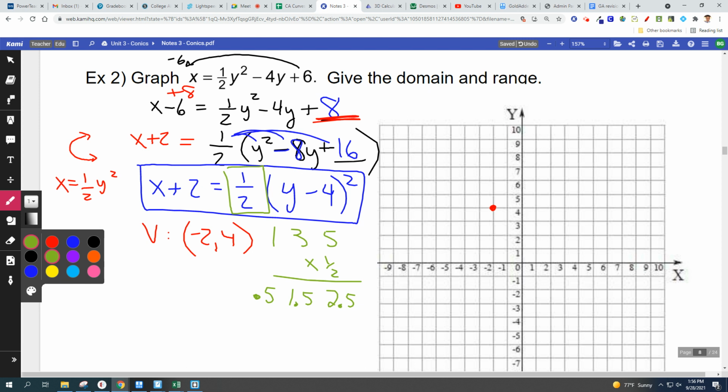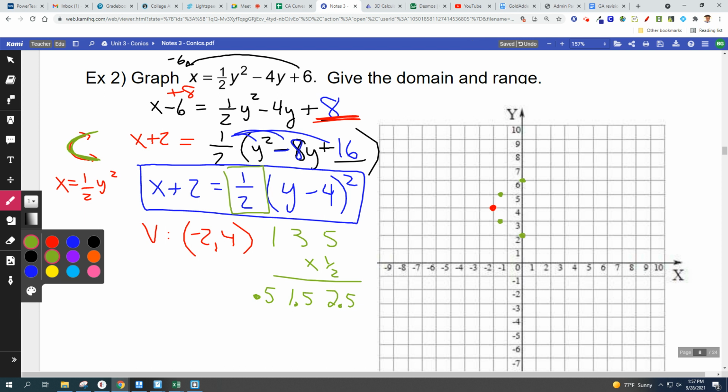0.5, 1.5, 2.5. Since I already know what direction it opens, I'm just going to use that pattern and draw it out. So starting at the vertex, I'm going to go over 0.5 and up 1 or down 1. It's always 1. The second number is always 1. Then I'm going to go over 1.5, and that puts me right on the axis, up 1 to 6 or down 1 to 2.